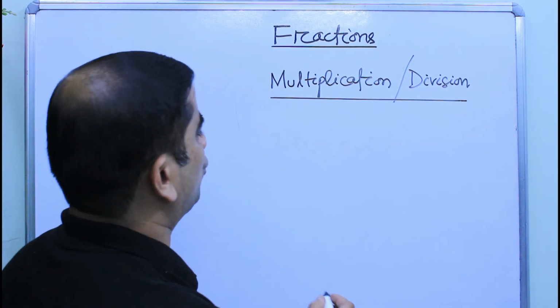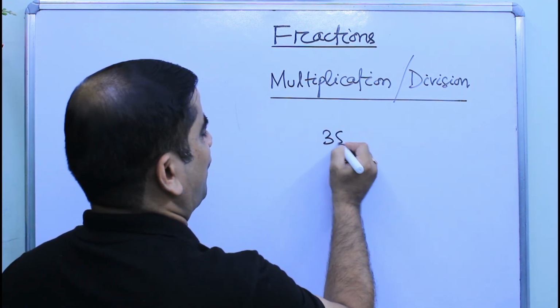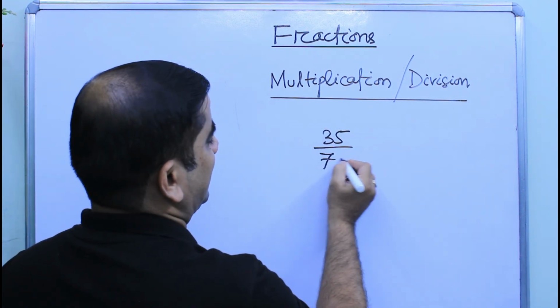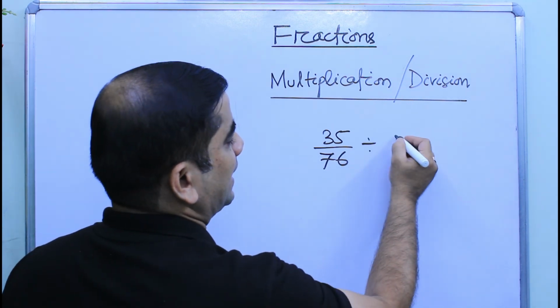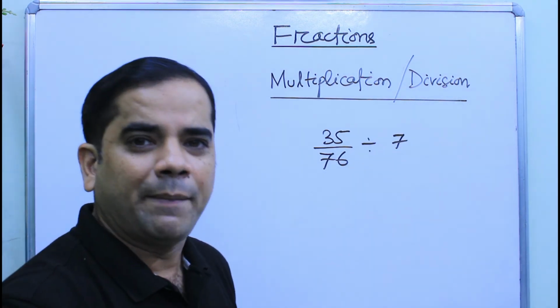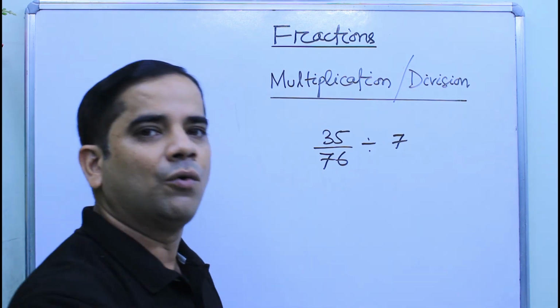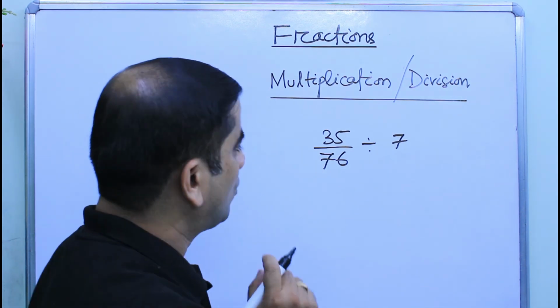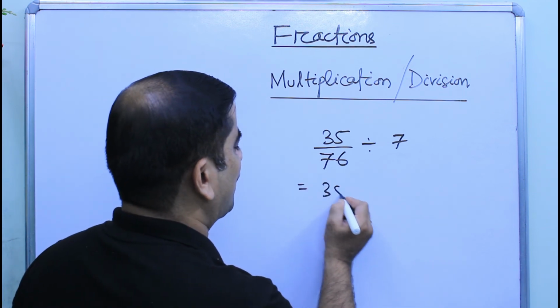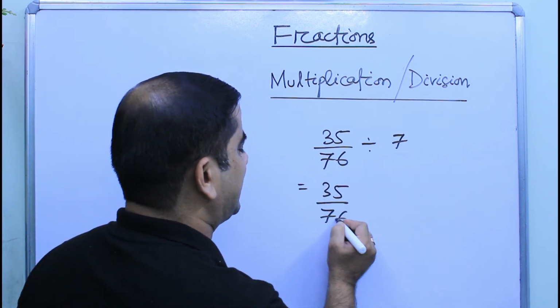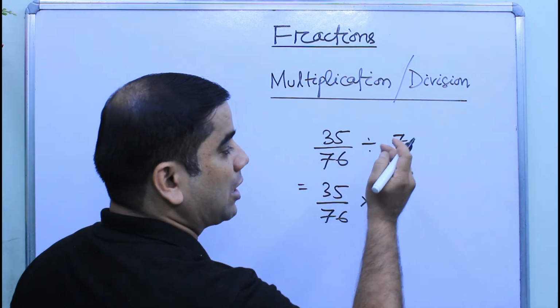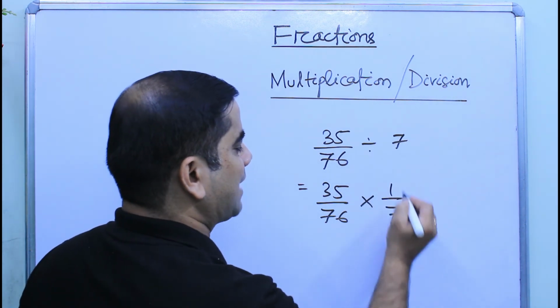Suppose we need to divide 35 by 76 by 7. What happens here? 7 is a whole number, but it has the denominator 1. We always need to keep it in mind. So 35 by 76 divided by 7 becomes 35 by 76 into the reciprocal of 7, which is 1 by 7.